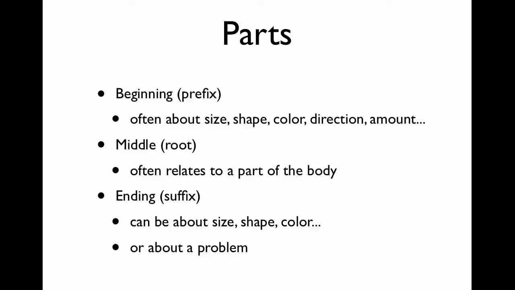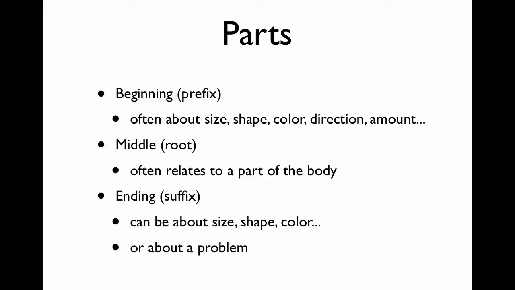First thing to understand is that you've got to break words down into their component parts, and most medical and science terms will have a beginning, which we call a prefix, a middle, which is the root of the word, and then an ending, which is the suffix. And so usually the prefix and/or the suffix is a modifier of the main root of the word. So you will probably notice, if you haven't already, that medical terms are really long, and it's very daunting for a lot of people.